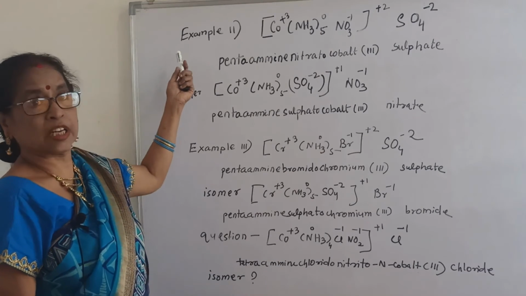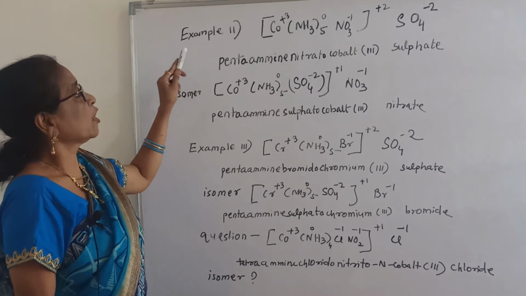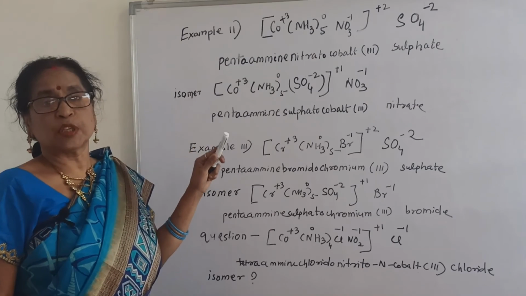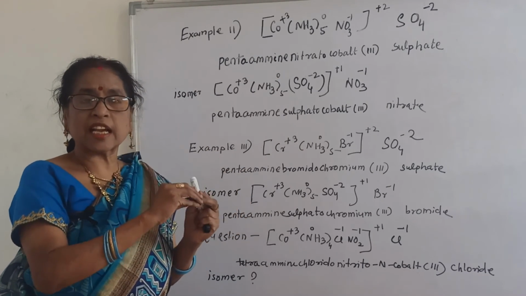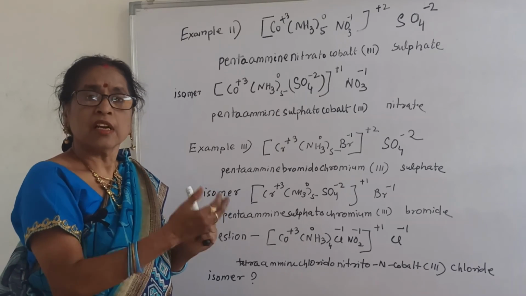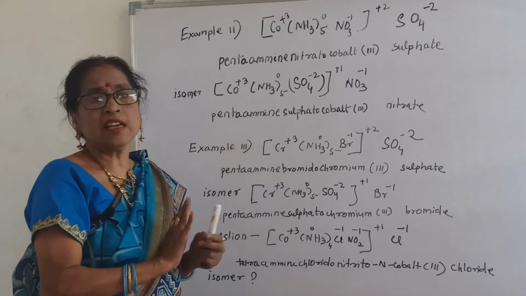Again you can see properly, that here in ionization isomerism only the ligand exchanges: the ligand inside goes outside as a counter ion, and the counter ion comes inside as a ligand.